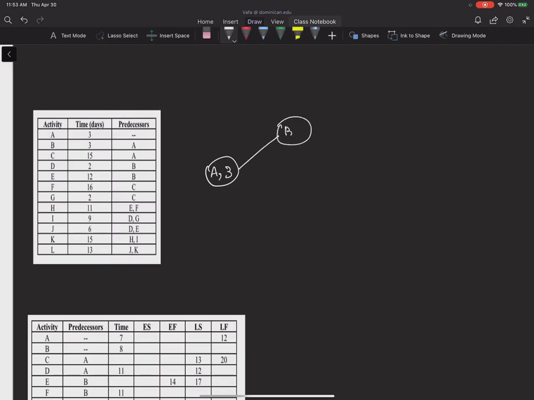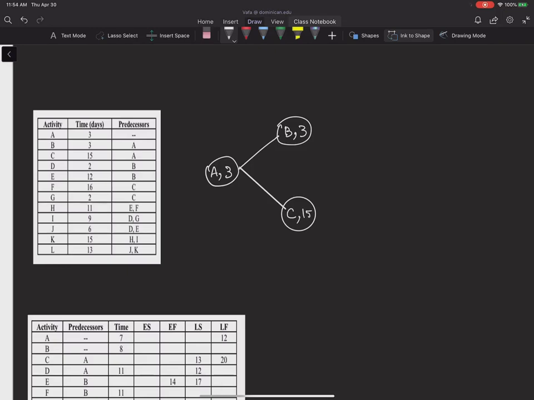So this is my activity B, and it will take 3 weeks. This is my activity C, and activity C will take 15 days to finish.